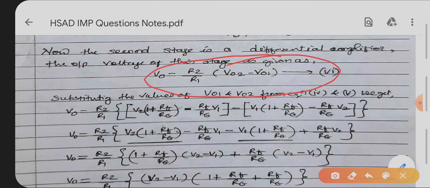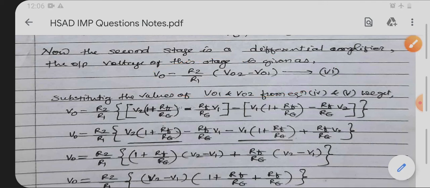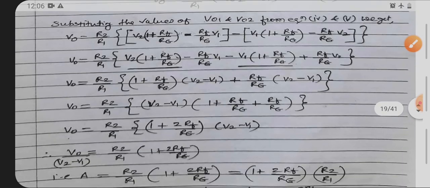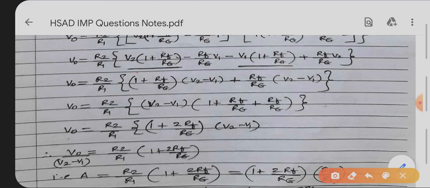So keeping the values which we have obtained for VO1 and VO2 in the previous analysis in equation number 6, and rearranging the terms, you can see same terms are kept, 1 plus RF by Rg here, and here also 1 plus RF by Rg.